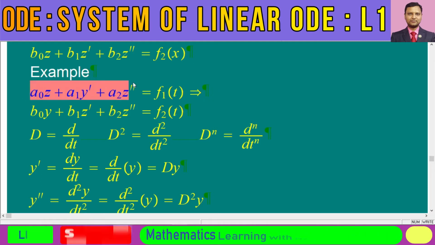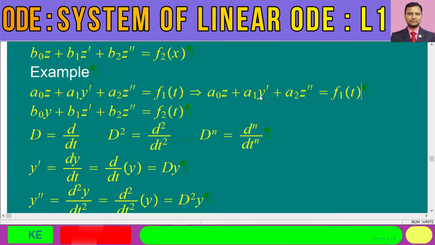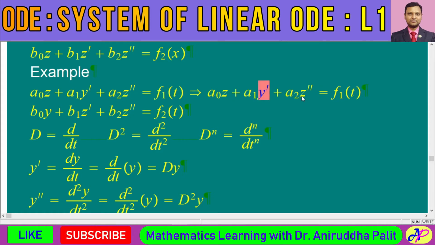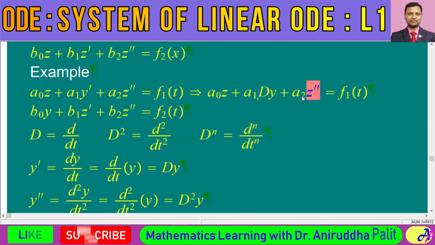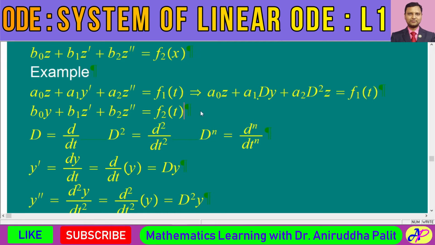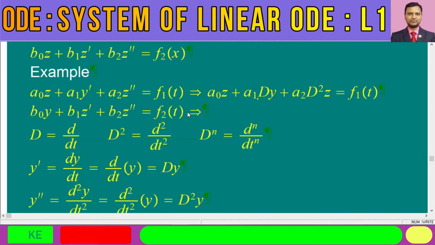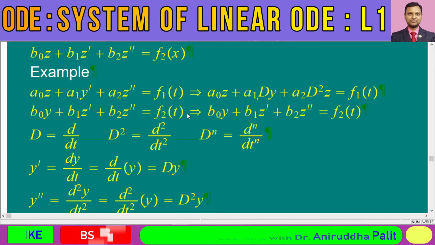And using this kind of operator, we can write this differential equation in this form. We can write this expression as Dy. This expression can be written as D squared z. Similarly, we can write the second equation in this fashion.